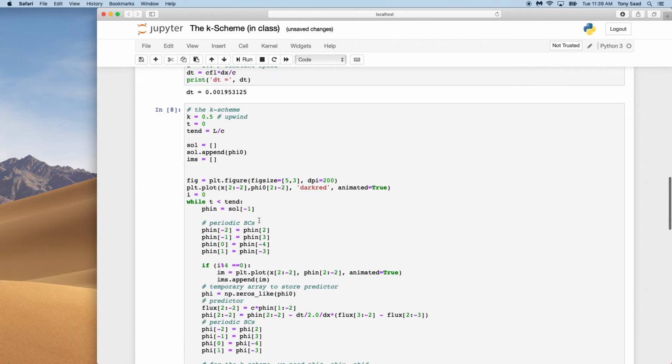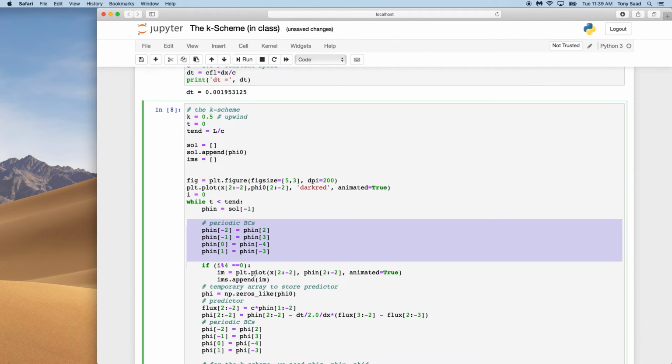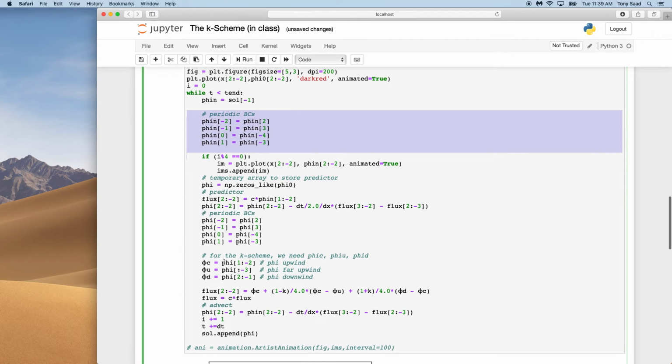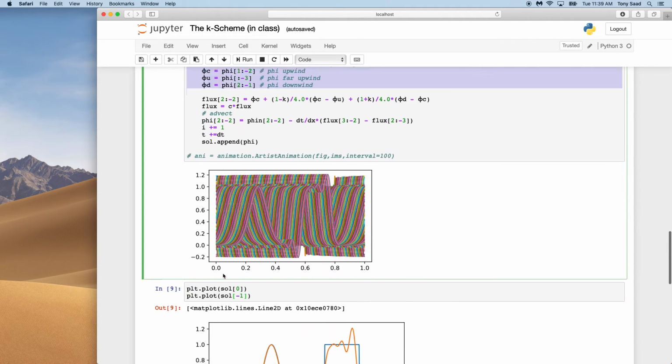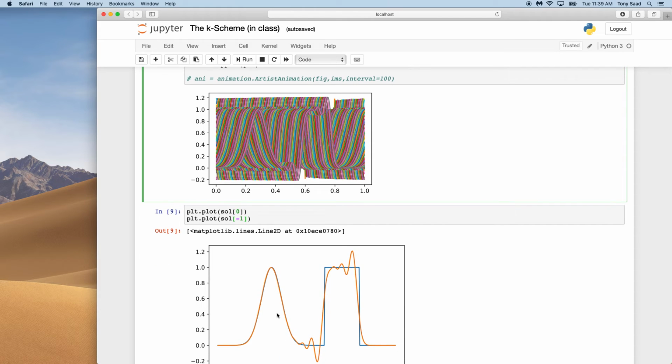If you remember, we did the periodic PCs, and then we defined the phi upwind, phi far upwind, phi downwind. Once you have this nomenclature, it's pretty easy. Do you have any question? Elizabeth, you got that? Okay, can you produce this plot? I still have to post it on the website.